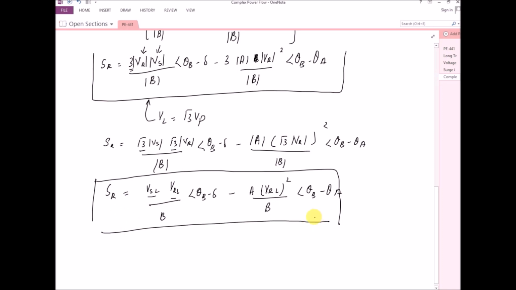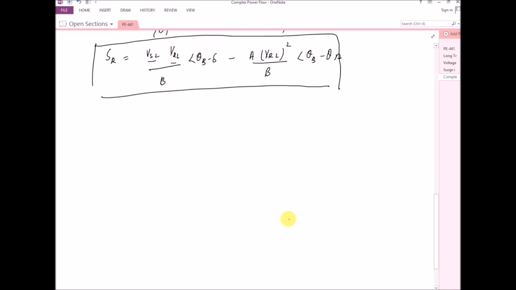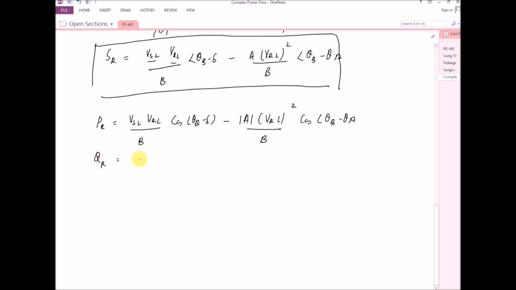So now the complex power actually has two parts. It has a real part P and a reactive part Q. So if I have to write the real part PR, it is equal to VSL VRL divided by B cosine of theta B minus delta, minus A VRL square over B cos theta B minus theta A. For the reactive power at the receiving end, it is the imaginary part of SR, right?